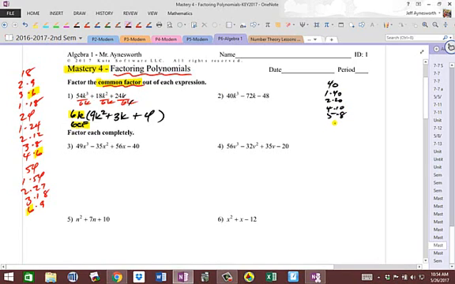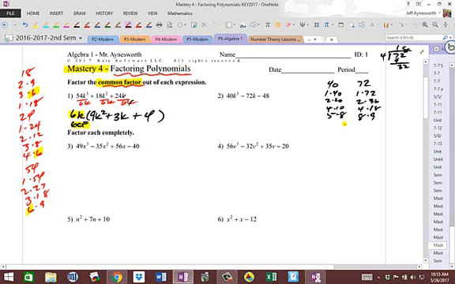Anything bigger? Probably not. Now 72 is 1 times 72, 2 times 36, 4 times 18, 8 times 9.